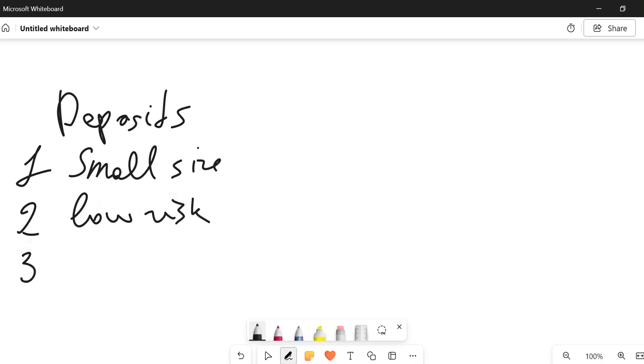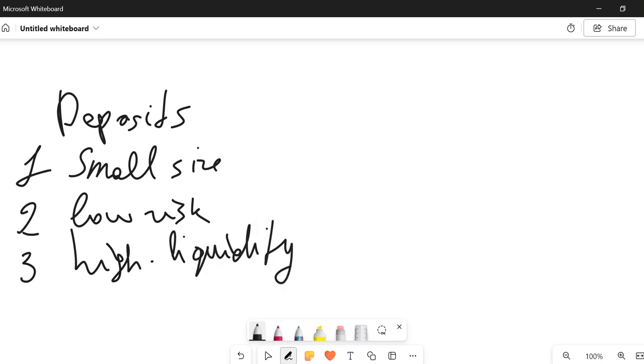Third, high liquidity. What's the small size? It means that the banks collect the funds from depositors in small size and lend the funds to the borrowers in large size.